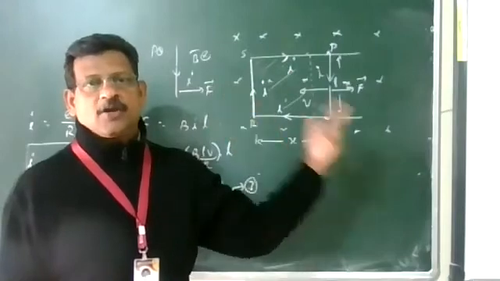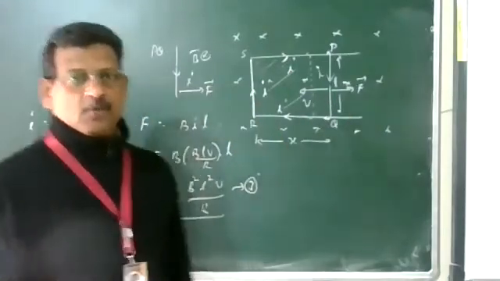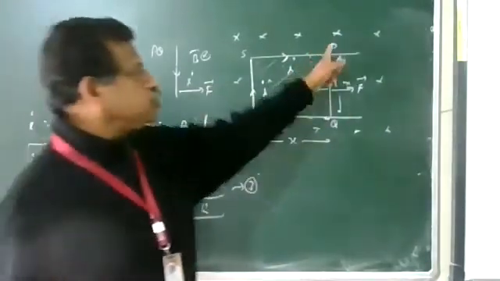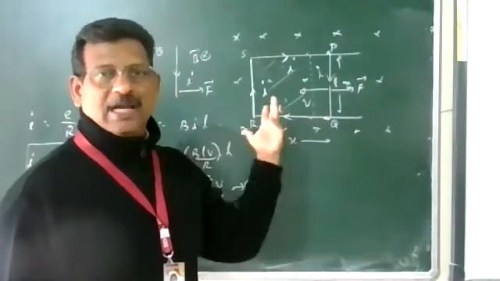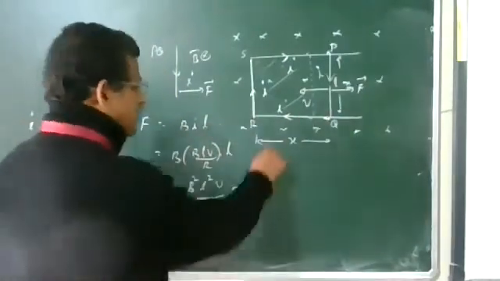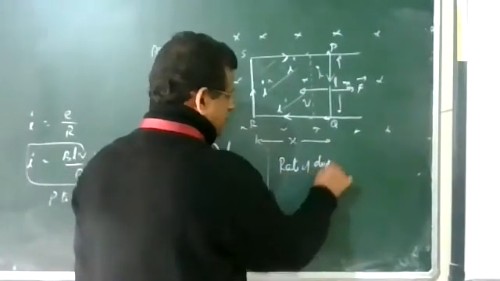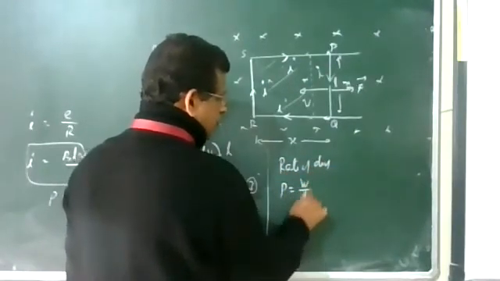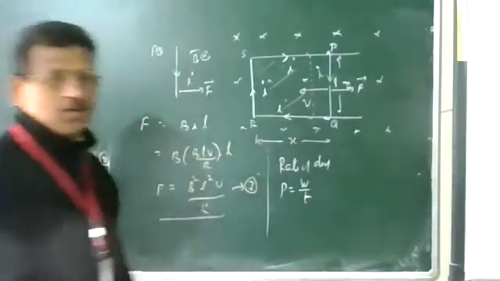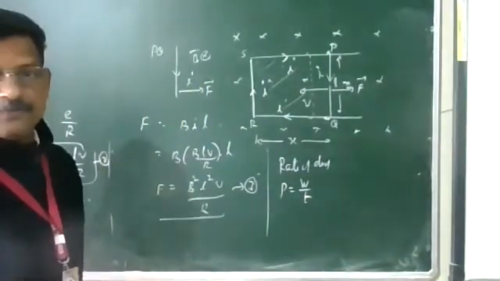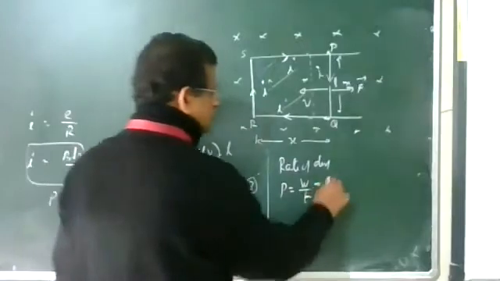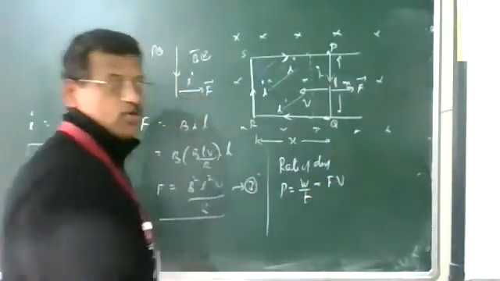So what is the work done in unit time? The work done in unit time in pushing the conductor PQ toward the left side is given by the rate of doing work, which is power, equal to W by t. That is the mechanical work, measured as force into velocity, F into v.